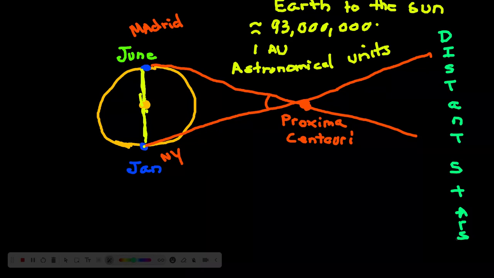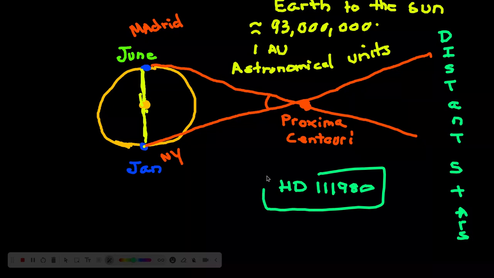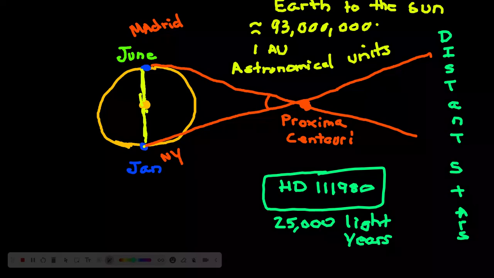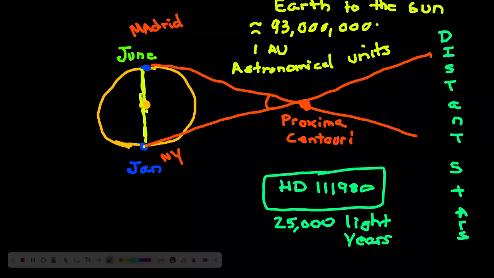For this video, we're going to use a star called HD, high definition, right? No, HD 111980. It needs a name. It's very far away, 25,000 light years. Just imagine this: light can go about 6 trillion miles in 1 year. So you can imagine how far this object is.